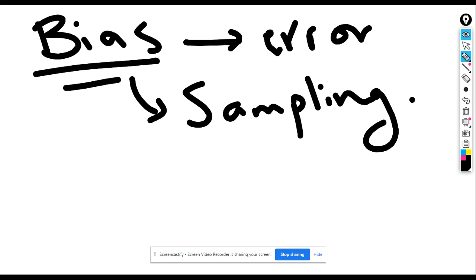The same example, but in any other subject. But there are tricks in that part. For example, if I asked you about if you like the food that the cafeteria is serving for you, and in that case, I'm asking only one class, so I didn't cover the whole population. Like for example, I asked the ninth graders.